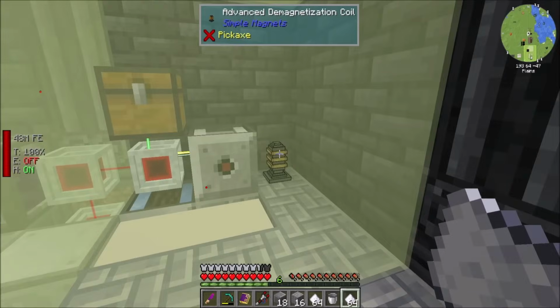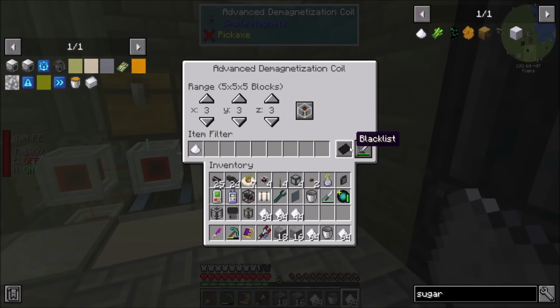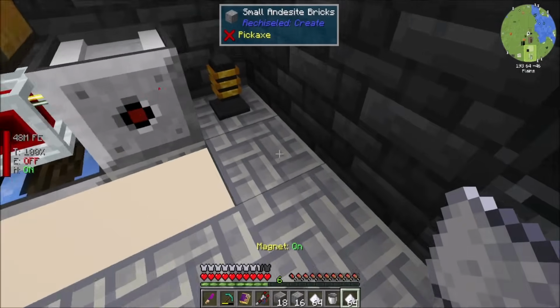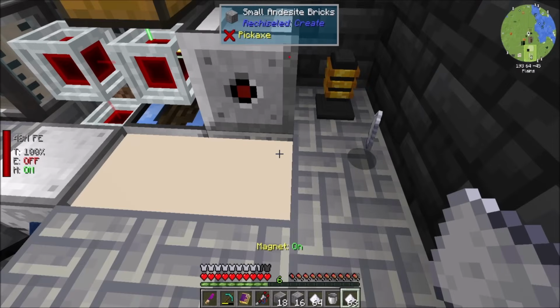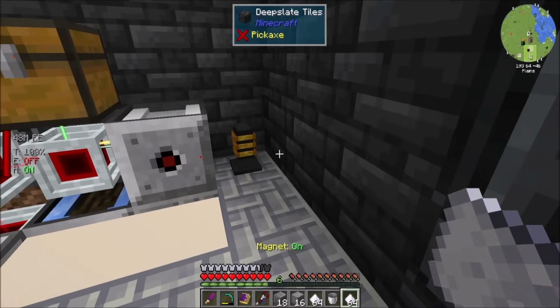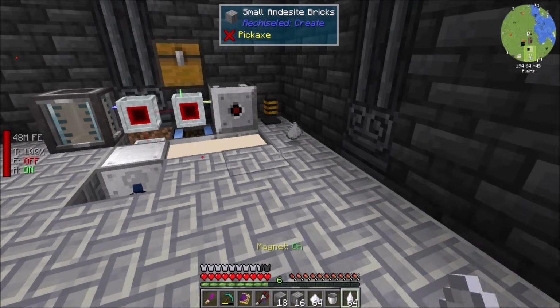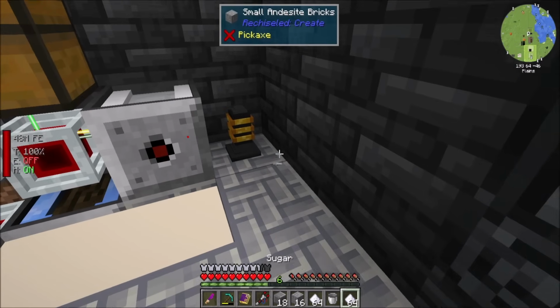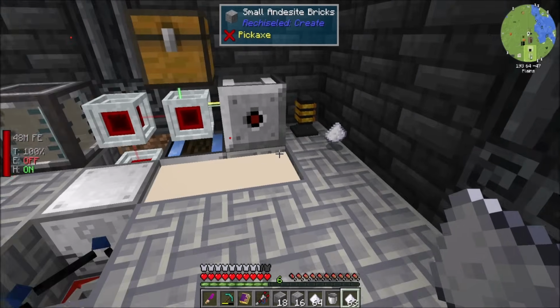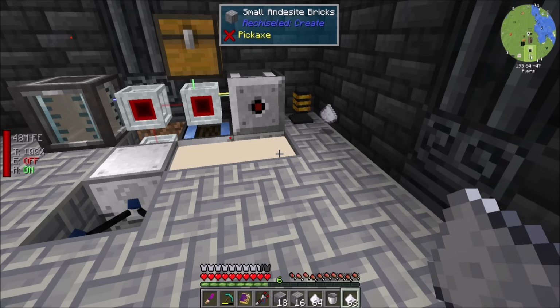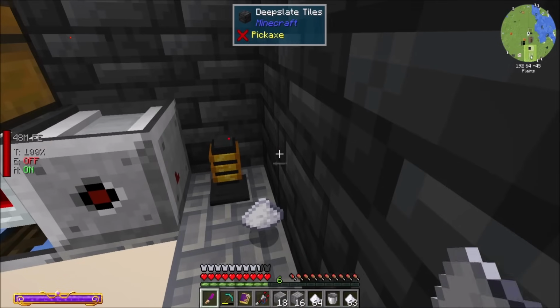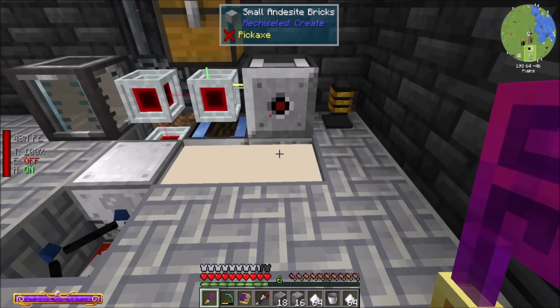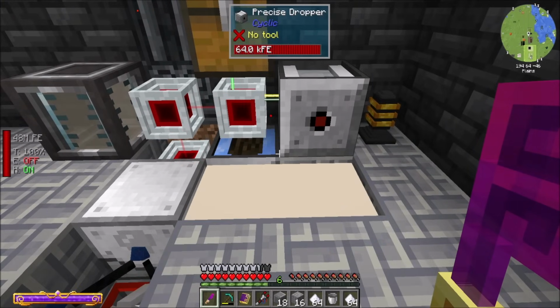Look at that. Any sugar in this area won't be picked up now. So if I turn my magnet on and we drop sugar in the area, I'm not magneting it up. Or I am. I don't know. That's a blacklist. I want to whitelist it. Hey, that's cool. I like that a lot, actually. So that means I can leave my magnet on. That's actually extremely awesome.